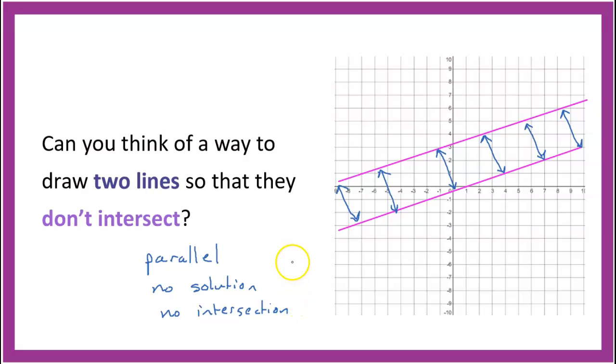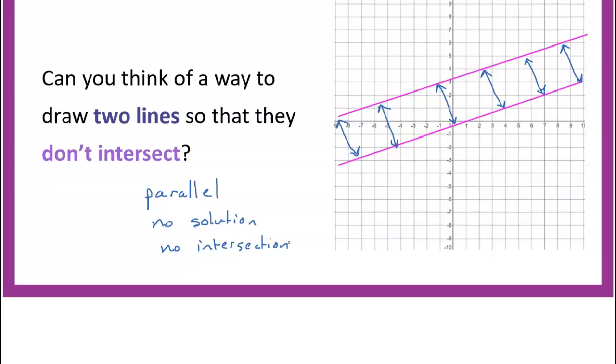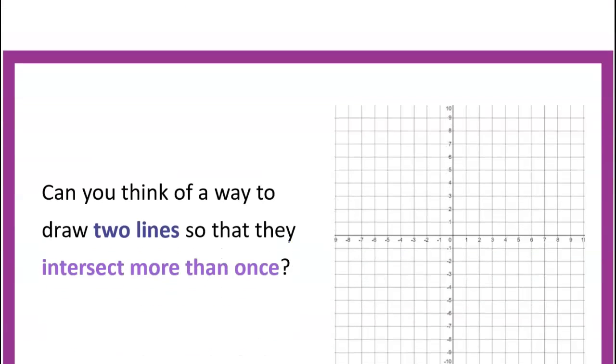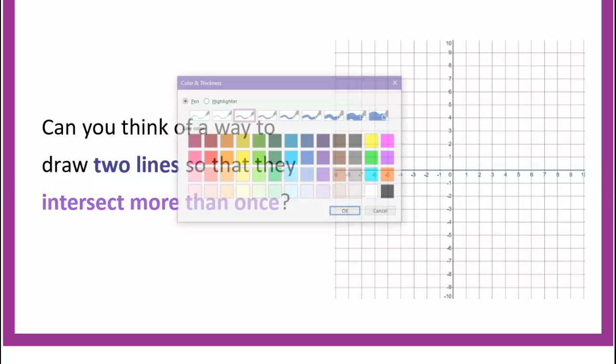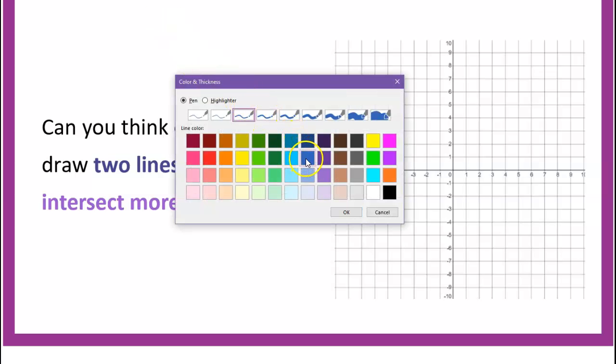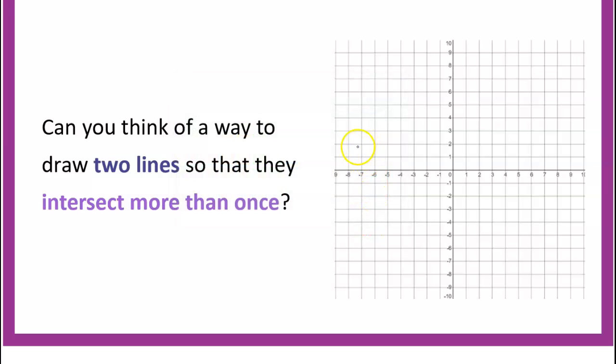All right, so if there's a way to do no answers, no solutions, what about more than one solution? Is there a way to draw two lines so that they intersect more than once? What do you think? Let's come up with a blue there. So I'll draw a line here.